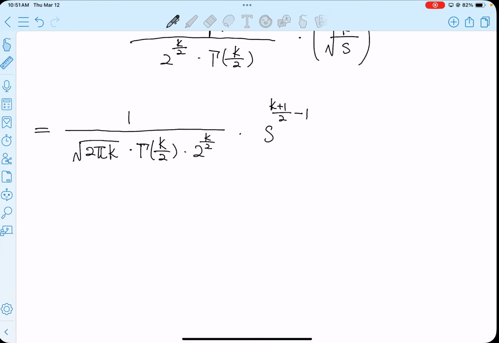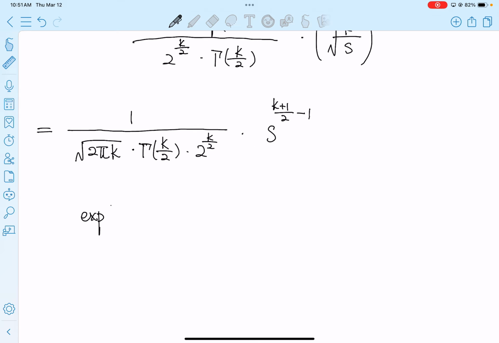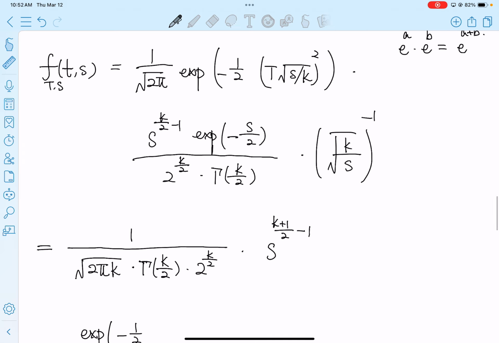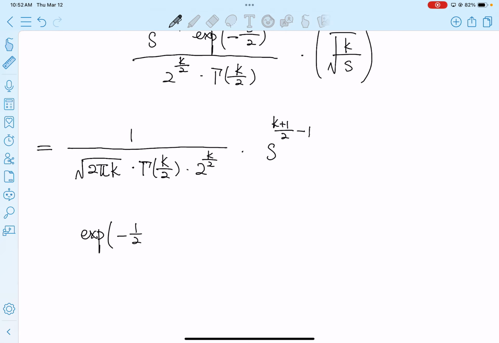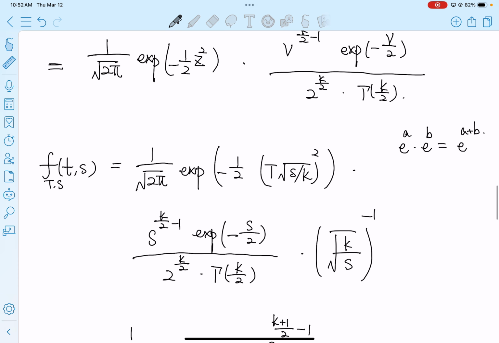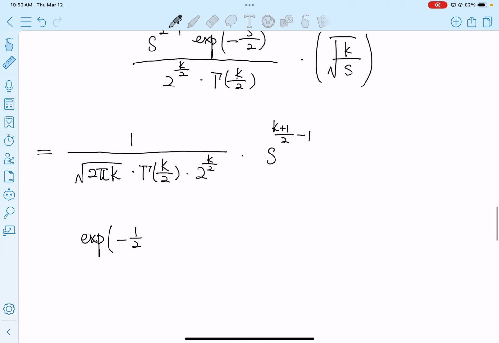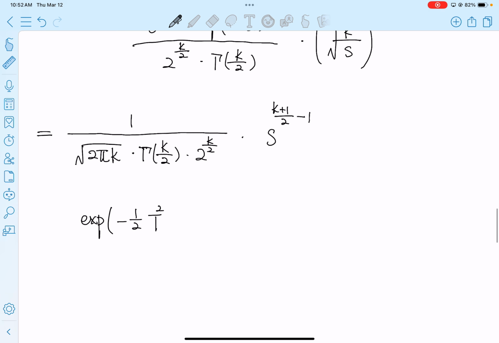We will have the exponential negative 1/2, and then the square of that, so we have the t square and then multiply by s over k, by removing the square root.